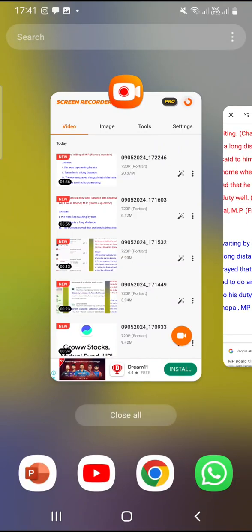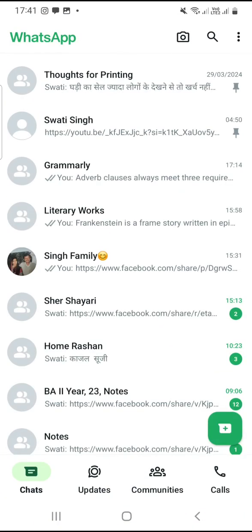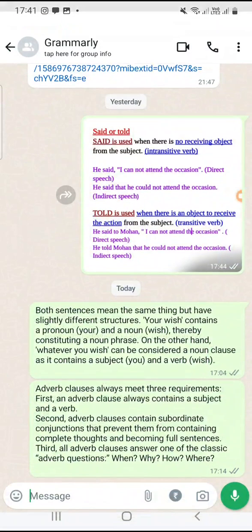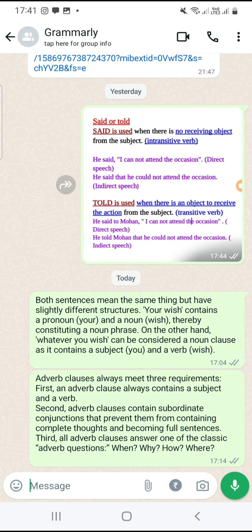And I would like to tell you what the adverb clause is. So please see here, adverb clause. An adverb clause always meets three requirements. First, an adverb clause always contains a subject and verb.